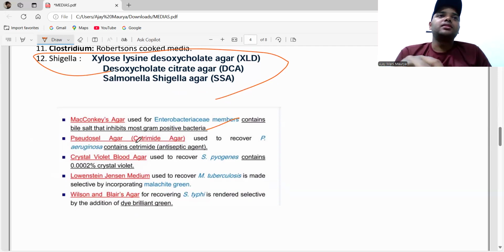There is Pseudomonas agar, that is cetrimide agar, used for Pseudomonas aeruginosa. It contains cetrimide, which acts as an antiseptic agent.